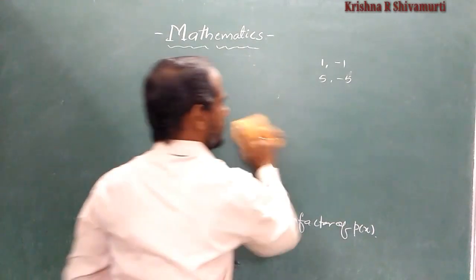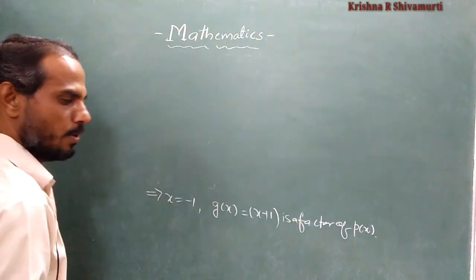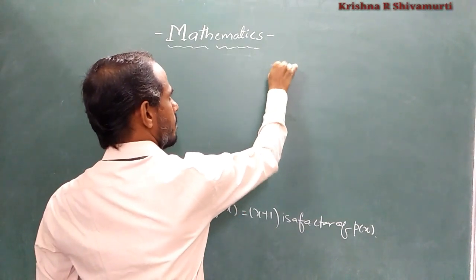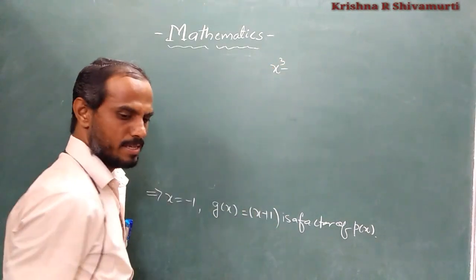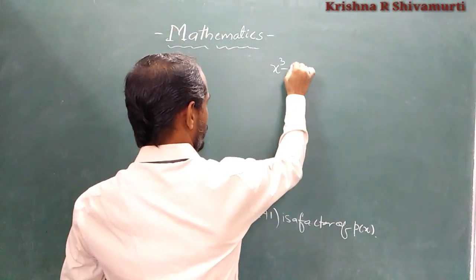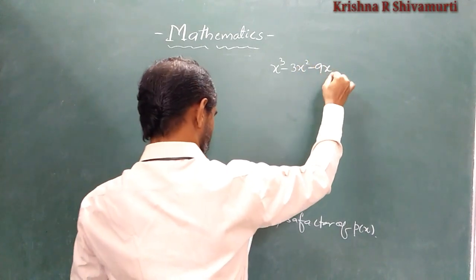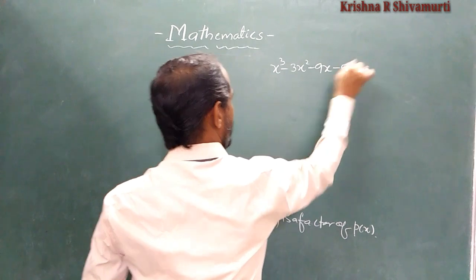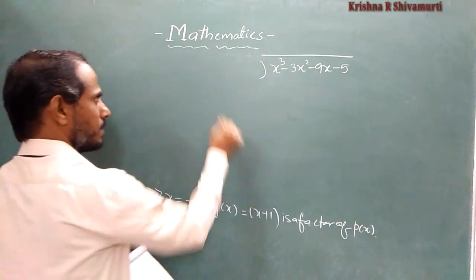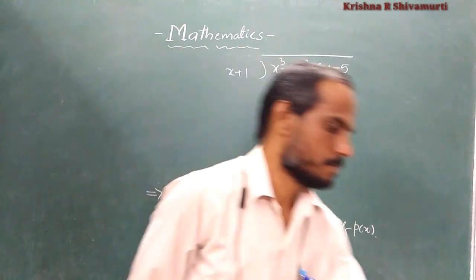Next, what is the given polynomial? x cube minus 3x square minus 9x minus 5, divided by the factor x plus 1.